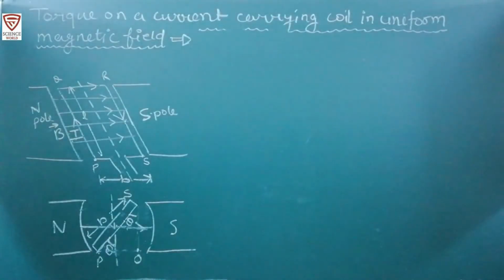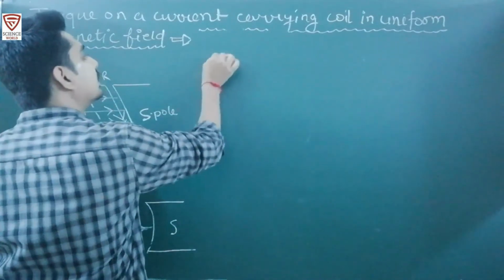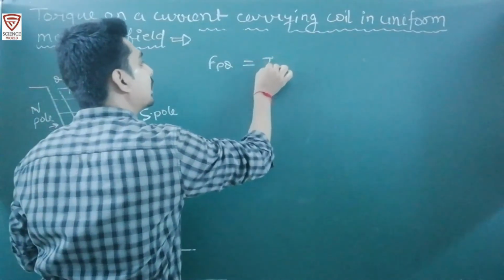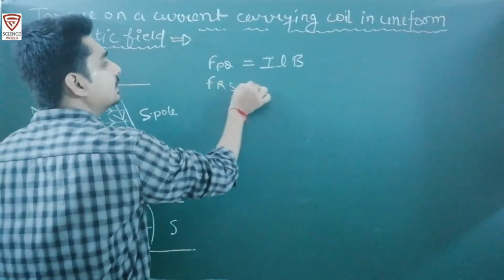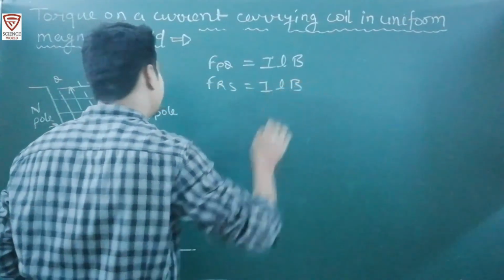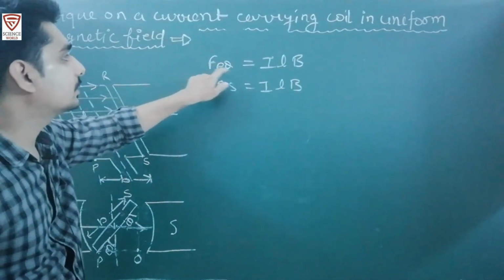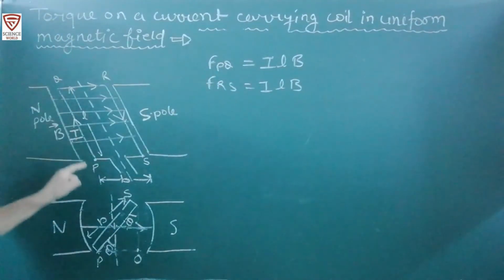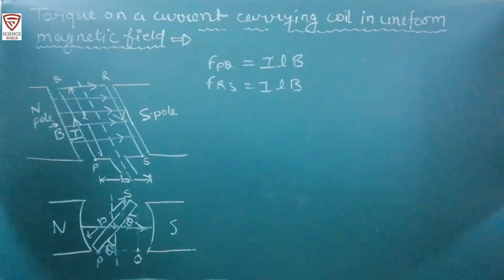We have discussed that the force acting on segments PQ and RS is F_PQ is I L B, also F_RS is I L B. But we haven't discussed the direction of this force. First we will discuss the direction of force PQ. This force acts on this segment, so we can apply the right hand palm rule.